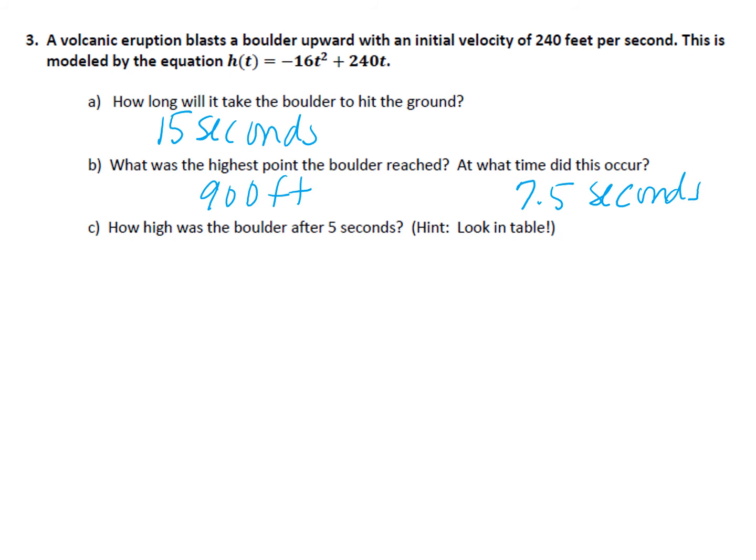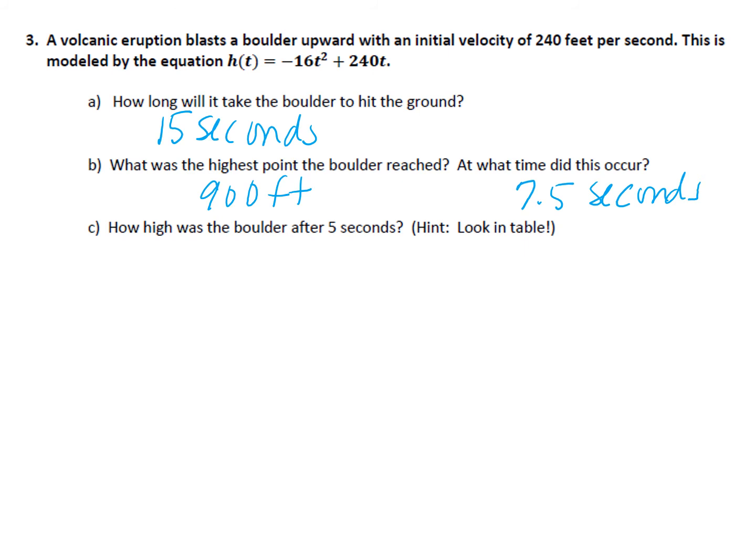Remember that this boulder was launched from the ground, so maybe that makes sense to you, that if it takes 7.5 seconds to get to the highest point, then it should take 7.5 more seconds to hit the ground. And we do notice in part A, 7.5 plus 7.5 does give us that 15 seconds that the boulder was in the air.